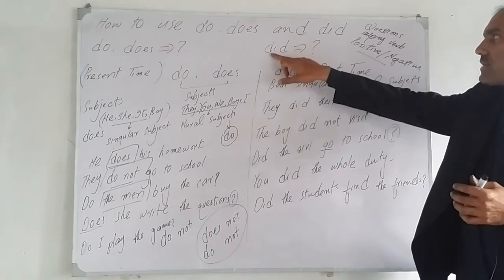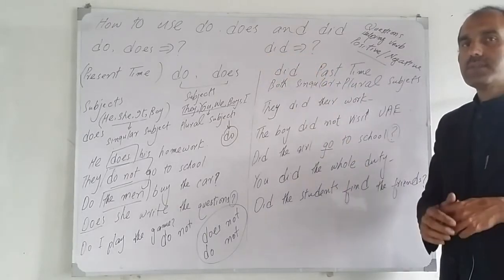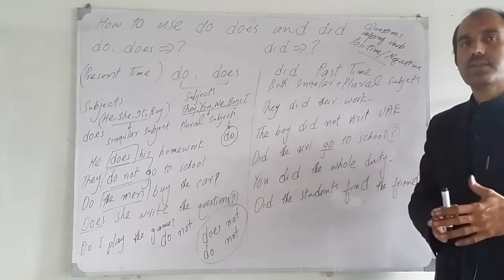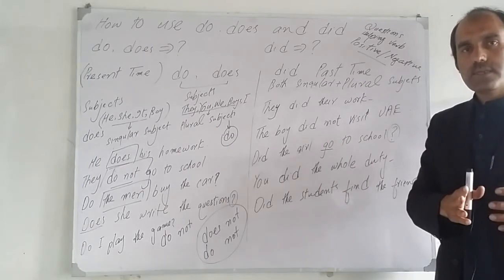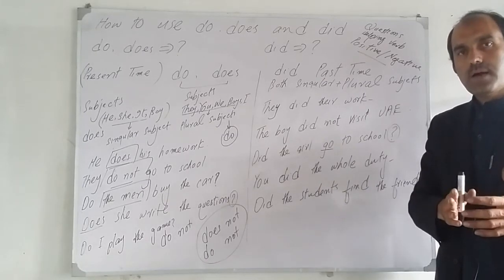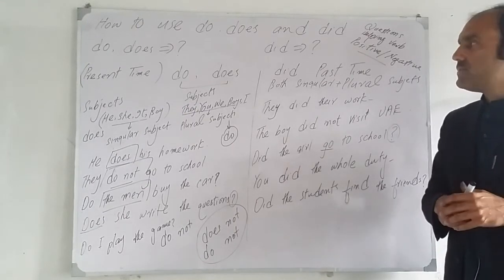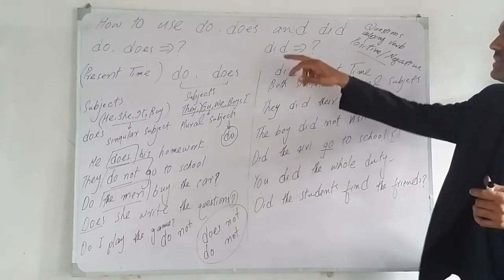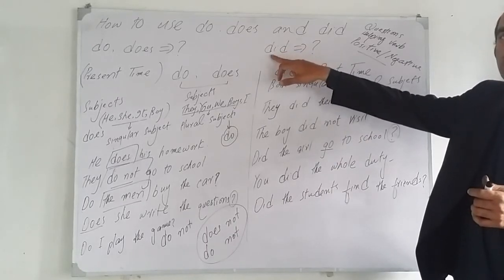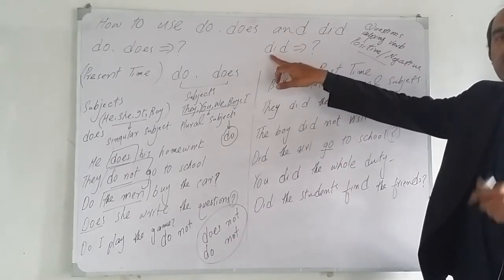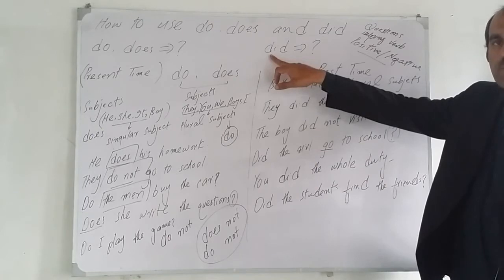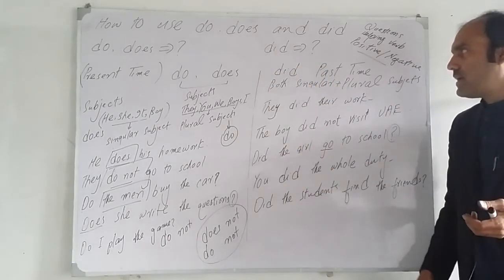So when you write did in your sentence, whether that is written as an interrogative or negative or as a main verb, these three forms of verb you can write for the past time, for the past tense.